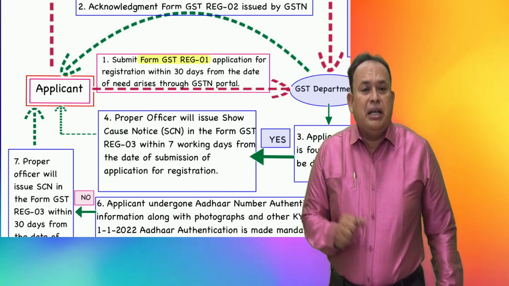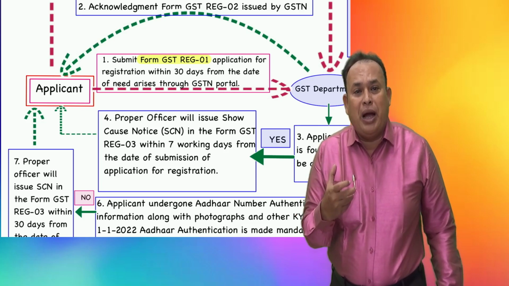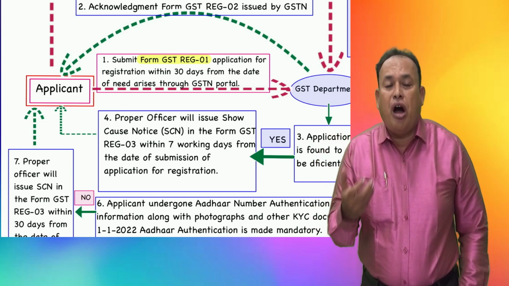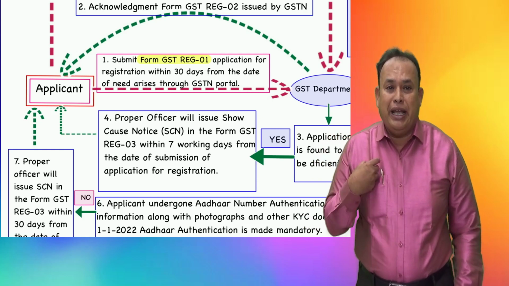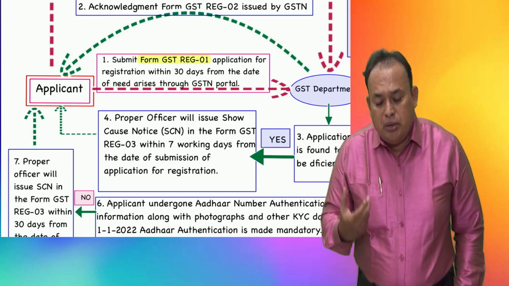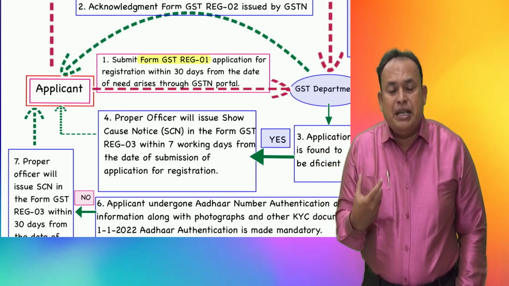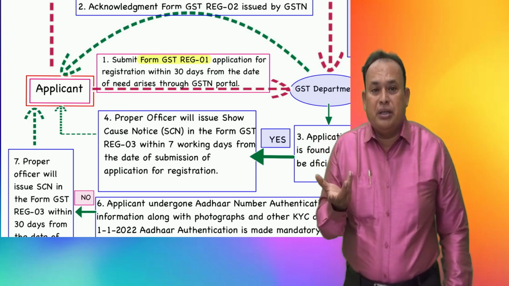Reason: anyhow you have to provide your PAN number in form GST REG-01 along with your name or your business name.